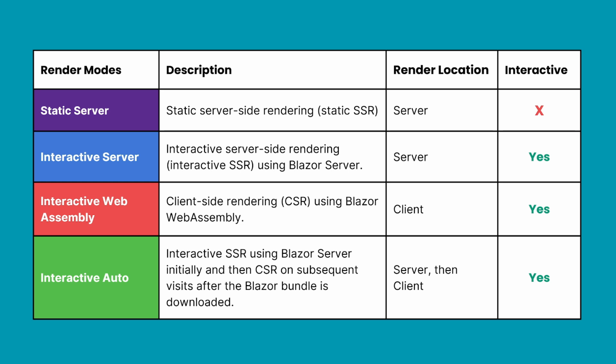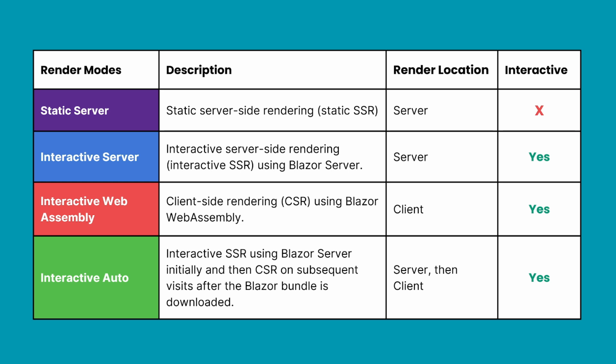So we have the static server, which is static server side rendering, the default render mode in Blazor. For this, your HTML and logic get compiled on the server, which means the render location is the server. But this comes with zero interactivity. So you can't define things like button clicks and mouse moves, and we'll talk about that really shortly.